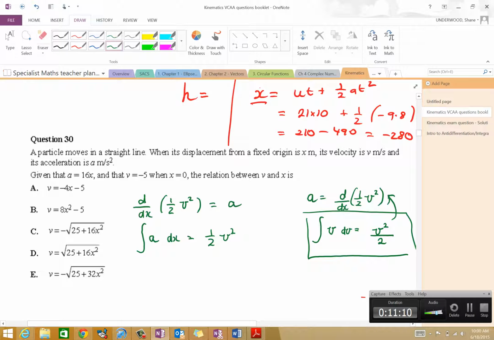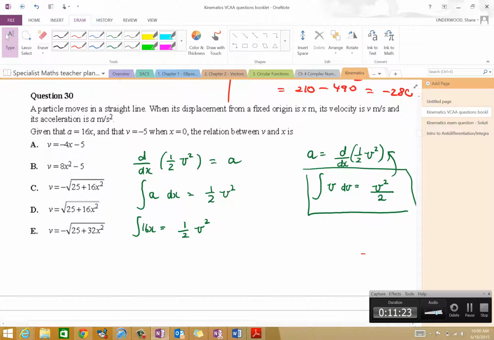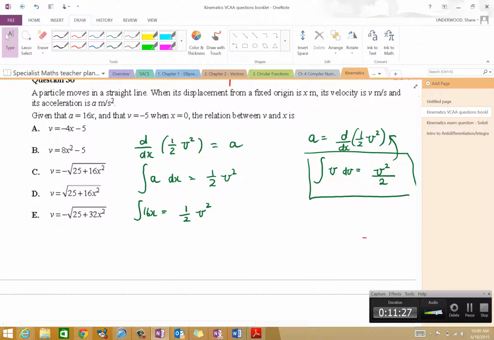Okay. Now, therefore, we've got the antiderivative of 16x is equal to a half v squared. Remember that when we do this, that's going to give me 8x squared plus c is equal to a half v squared.